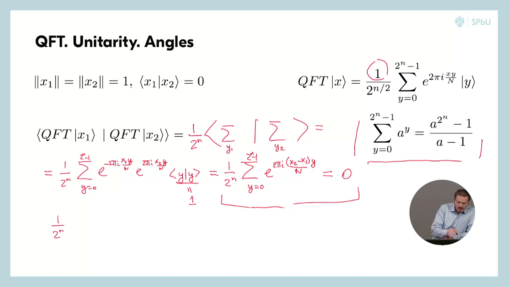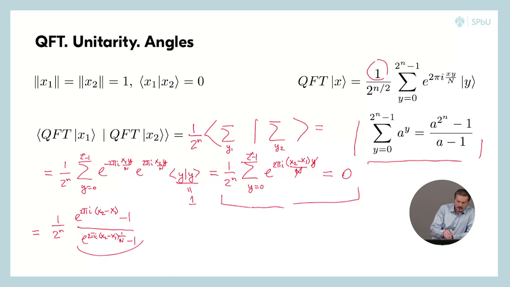We have again 1 divided by 2 to the power n, and if we take y up to N, then this is going to self-destruct, and we will have in the numerator e to the power 2πi (x2 minus x1) minus 1, and in the denominator e to the power 2πi (x2 minus x1) divided by N, minus 1.